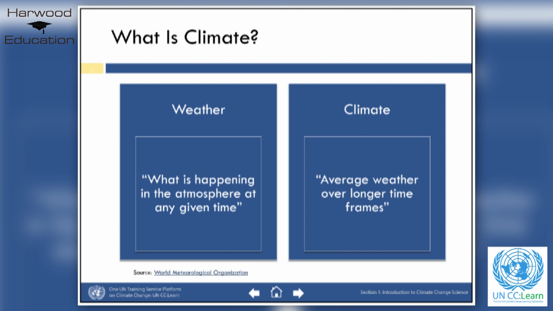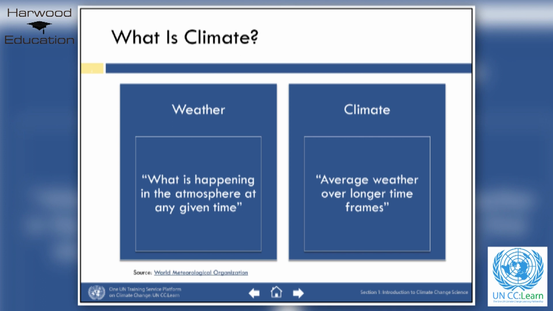A common confusion between weather and climate arises when scientists are asked how they can predict climate 50 years from now when they cannot predict the weather a few weeks from now. The chaotic nature of weather makes it unpredictable beyond a few days.